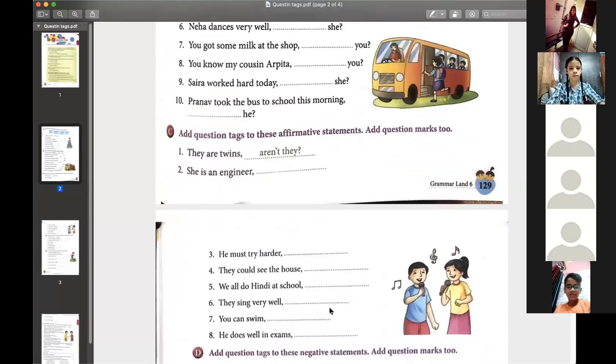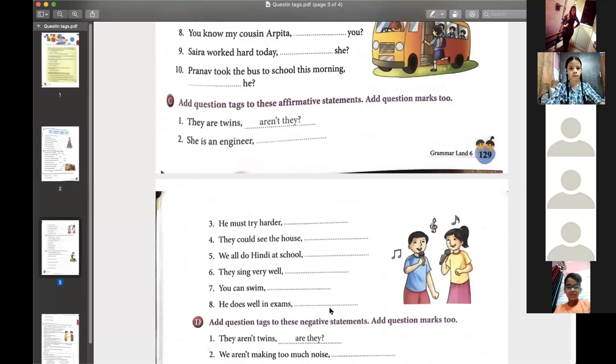All right. Now C part says add question tags to the affirmative statements and add question marks too. They are twins, aren't they? She is an engineer. What will come?